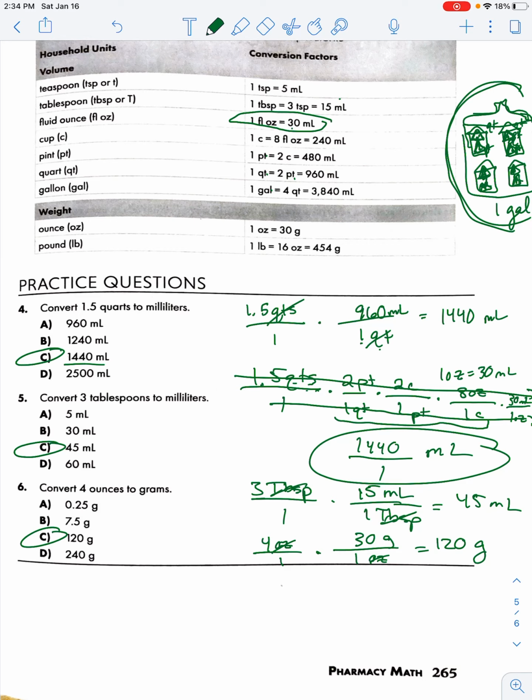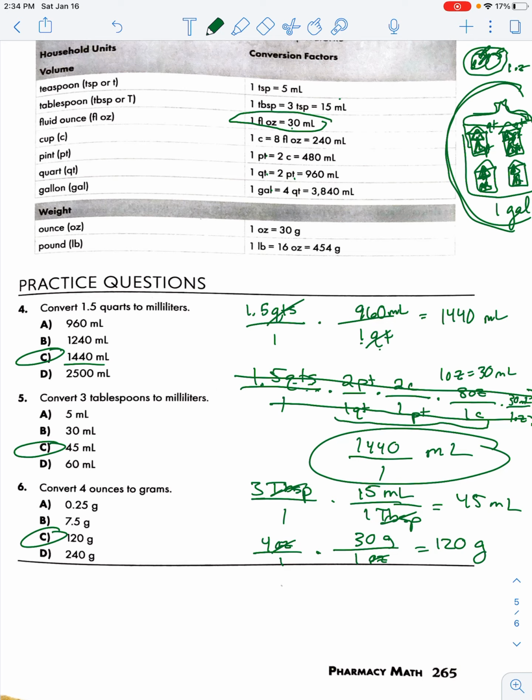You can even do one with the spoons and show that you have 2 tablespoons. There's a picture on Google as well. 2 tablespoons is 1 ounce, and 3 teaspoons is in 1 tablespoon.